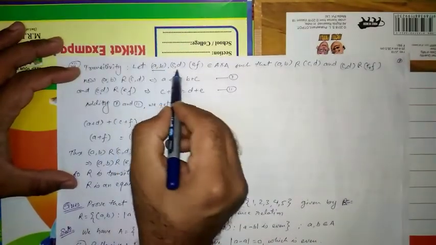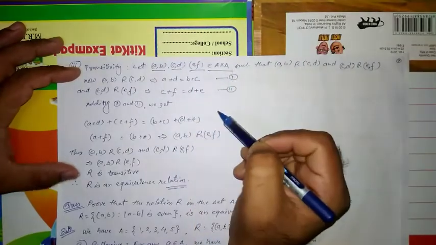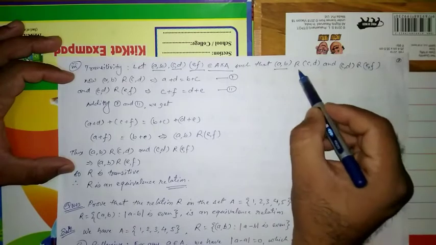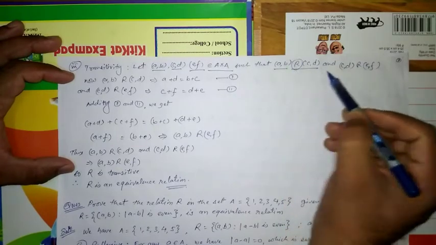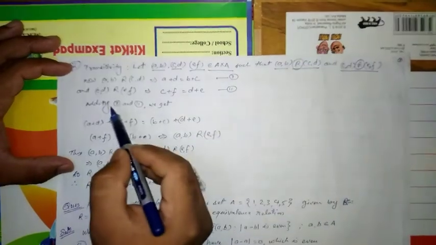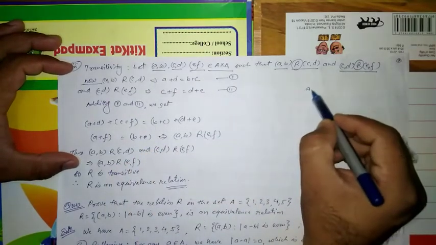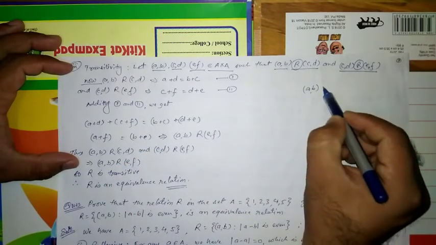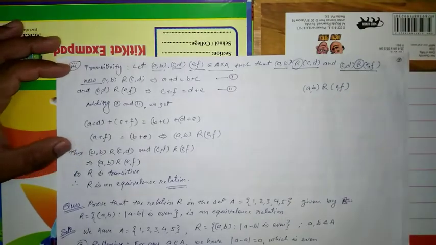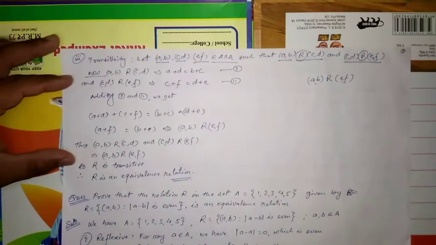Let AB, CD, and EF be elements of A cross A, such that AB is related to CD by relation R and CD is related to EF by relation R. And now what we need to find out is AB related to EF. We'll prove that also, and later on we will conclude that also.